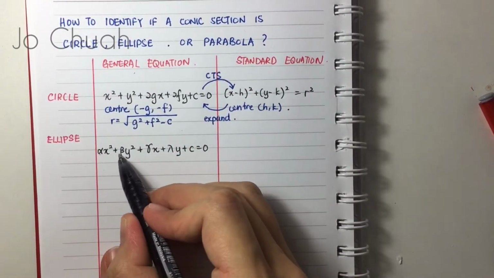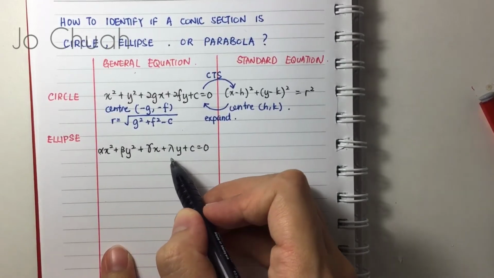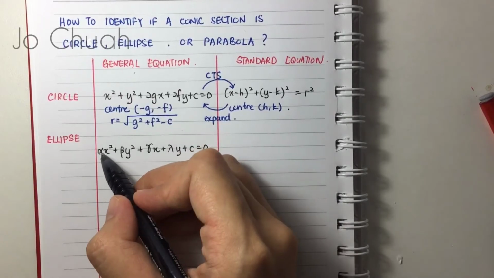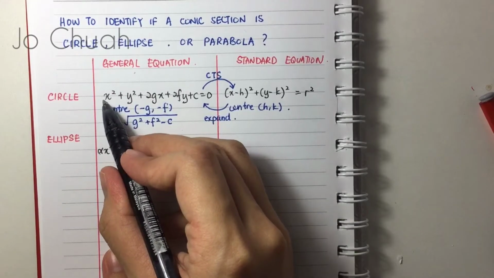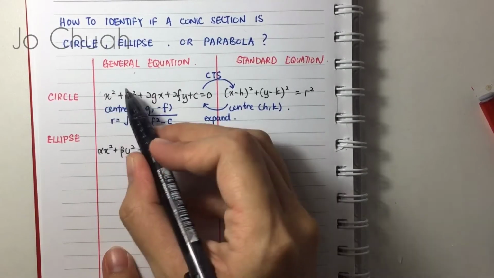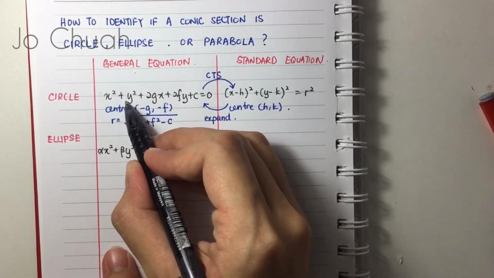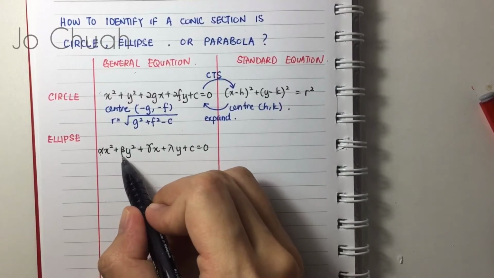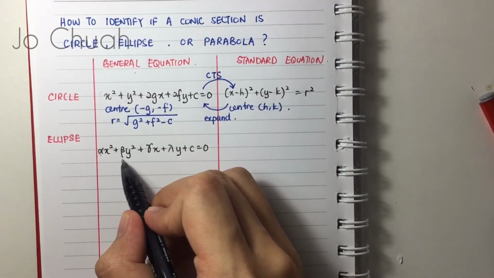All these alpha, beta, gamma, lambda represent certain numbers, mainly to show you that if it's a circle, the coefficients of x squared and y squared will be 1. But if it's an ellipse, they are not necessarily 1 and they will be different.